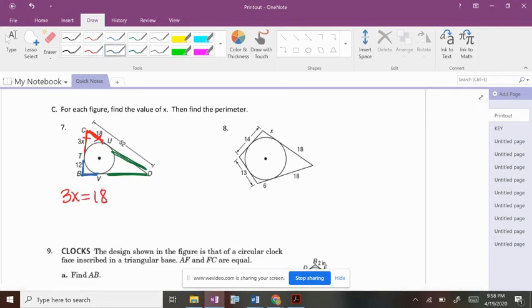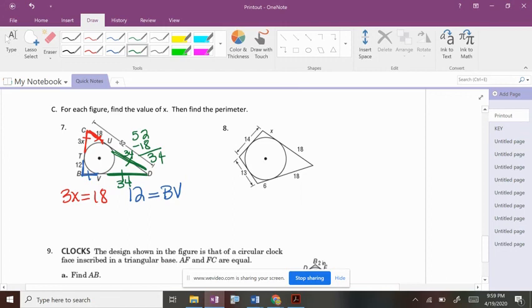Then you have the 12 equals BV, which would equal 12. And then you have this one here, which you have to figure out what those two equal. 52 minus the 18 on this side is going to equal 34. So you know this part right here from U to D is 34.